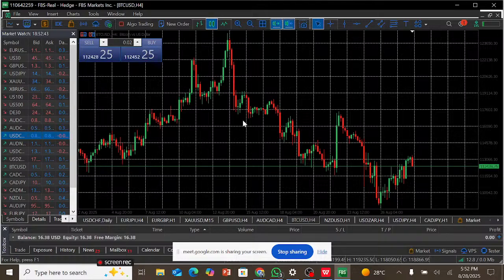So now, if two times can hit, I mean retracement. For example, you see here the market was going down and it made a retracement.